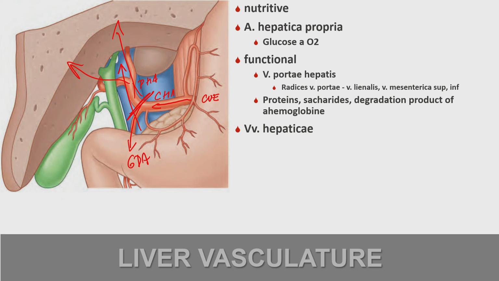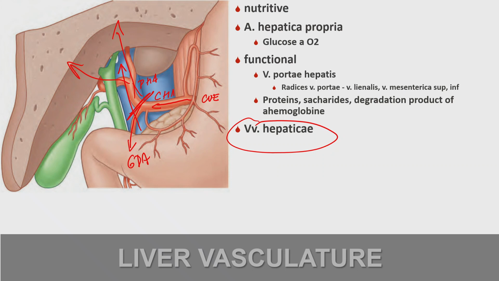The bile ducts, and we will have bile duct anatomy today, are taking the bile from the liver, and the bile is then conducted to the gastrointestinal tract. The veins, which are called hepatic veins, are collecting blood which has perfused the liver parenchyma, and this blood is flowing into the inferior vena cava, and then entering the systemic circulation.